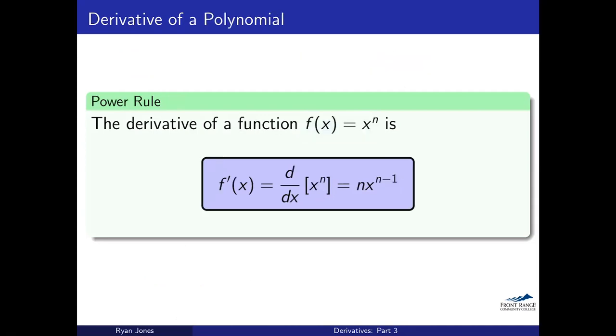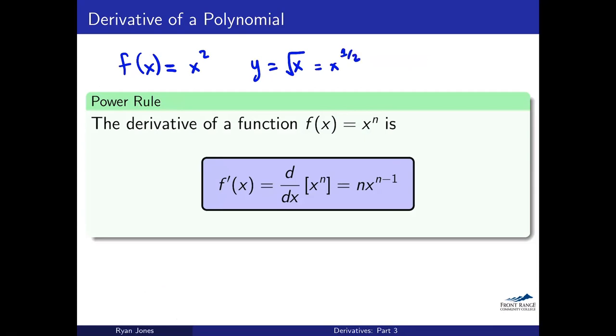So now let's go ahead and look at the derivative of a polynomial. This is called the power rule, and you'll see that we're really going to be dealing with the power of my function. A couple examples of functions that this would apply to: something like x squared, or y equals the square root of x, because this would be like x to the 1/2.